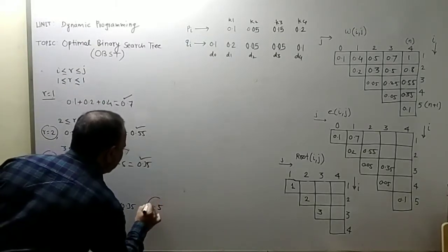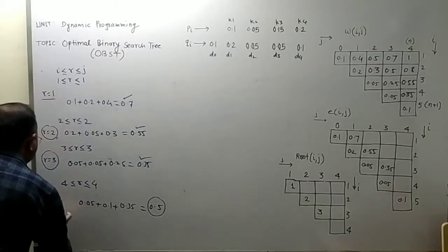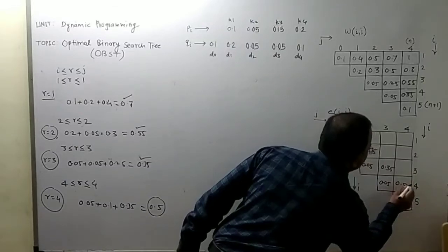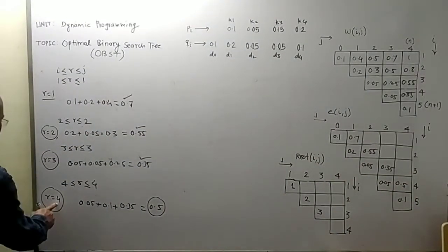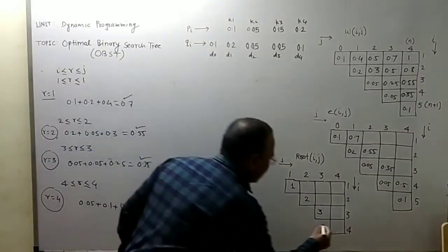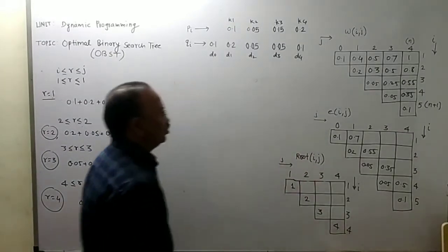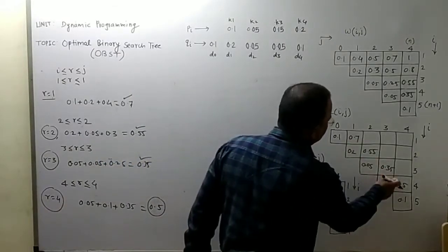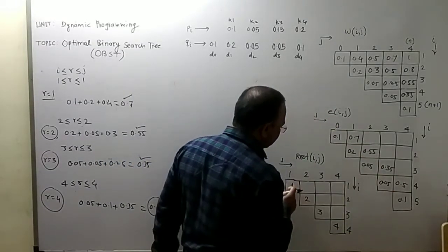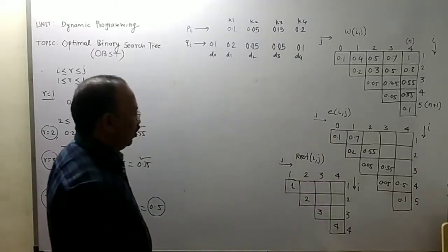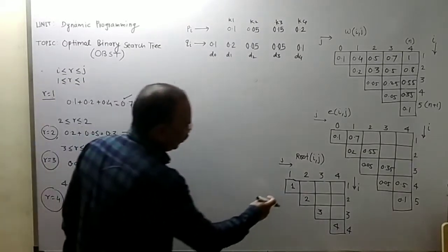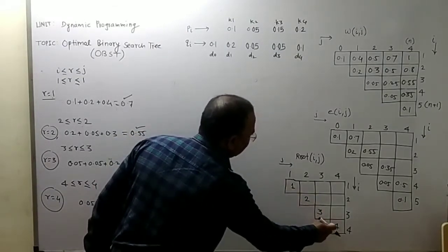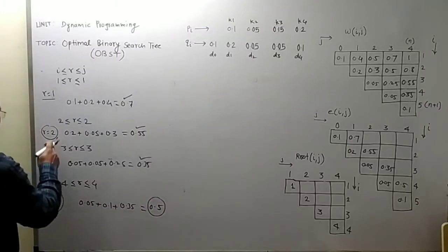So we have got 0.5 for R equal to 4. So put 0.5 and R equal to 4 in the root table. In this way we have completed this diagonal in the E table as well as the root table. Or directly you can put 1, 2, 3, 4 in the first diagonal of the root table without considering this value.